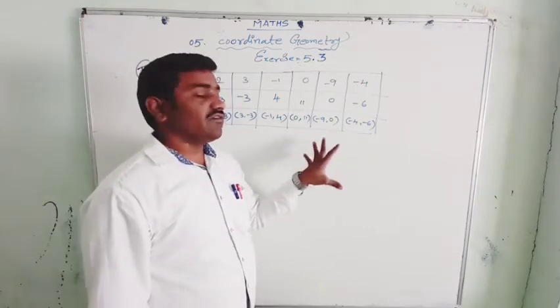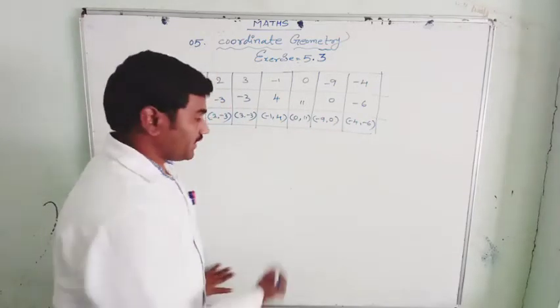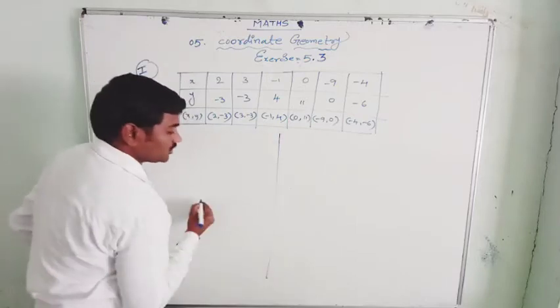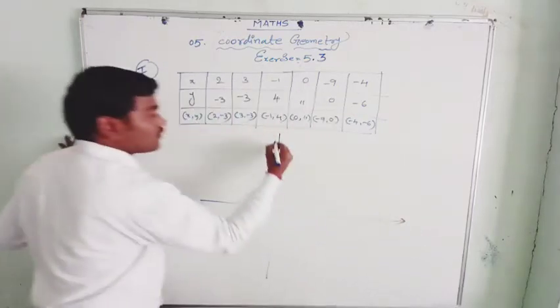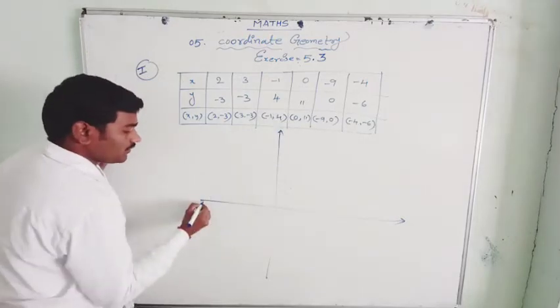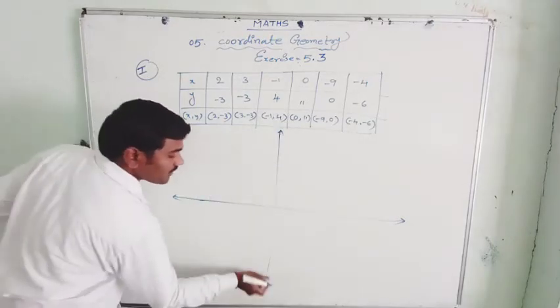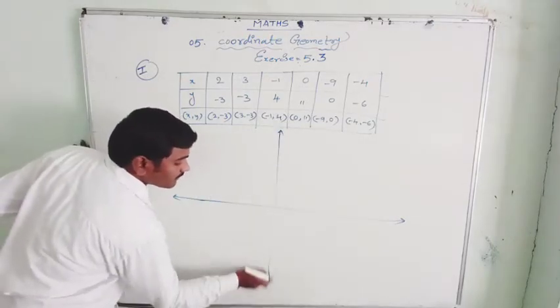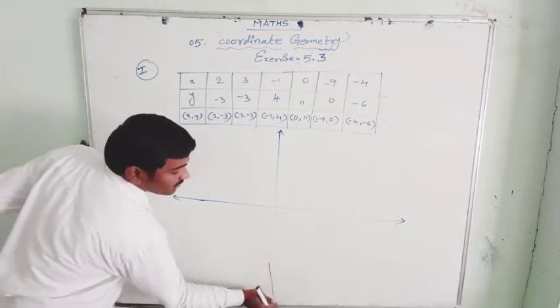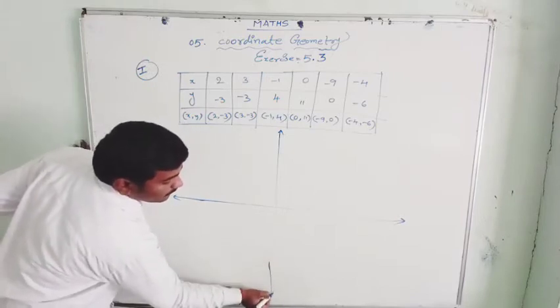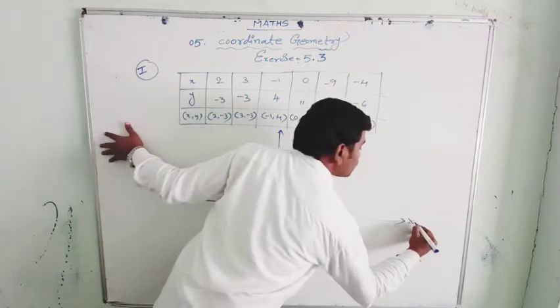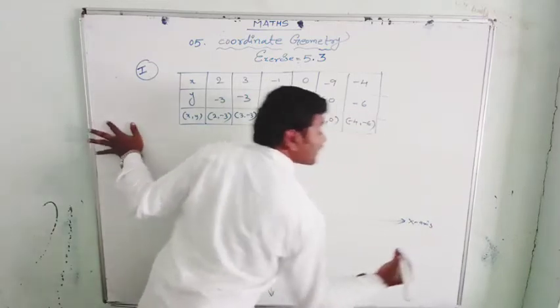These 6 points we have to locate on the Cartesian plane. Draw the Cartesian plane. We know that these two axes are perpendicular to each other at the common point 0. So we have to do this on graph paper.